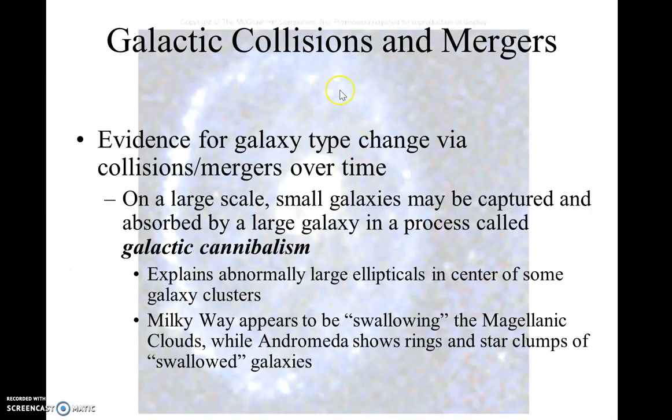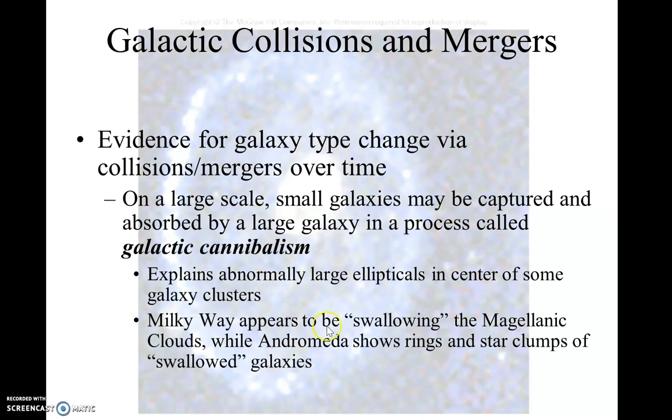All right. So we also have evidence that there's what's called galactic cannibalism going on, where one galaxy is much more massive than the other galaxy and tends to just gobble up the smaller galaxy. And we see lots of evidence of that happening right now.